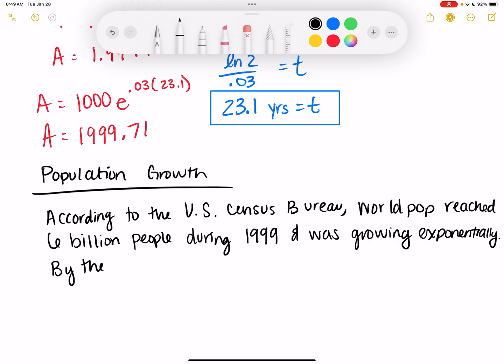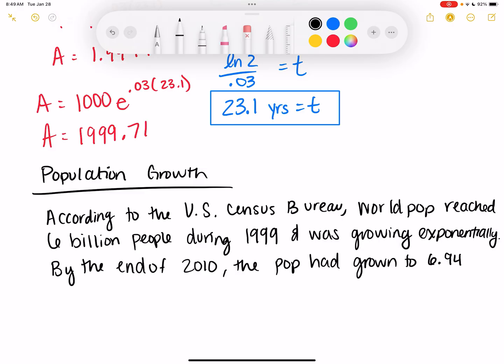By the end of 2010, the population had grown to 6.947 billion.